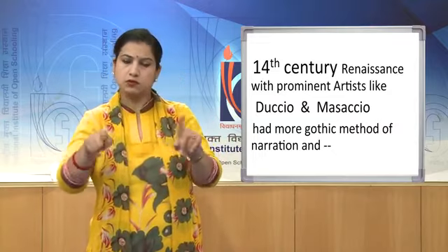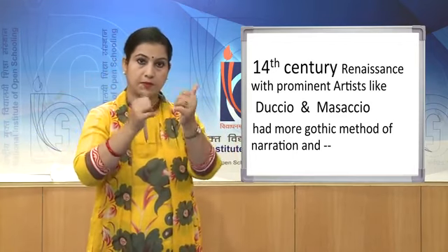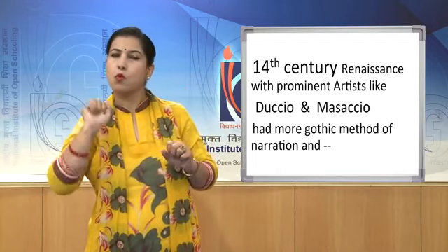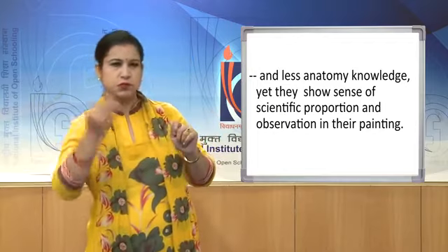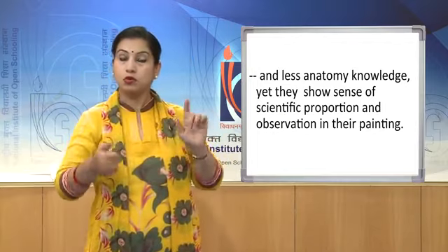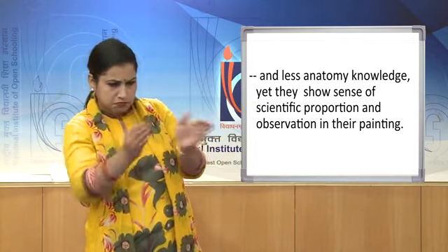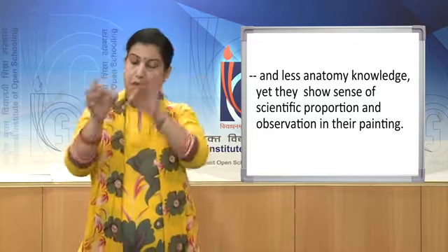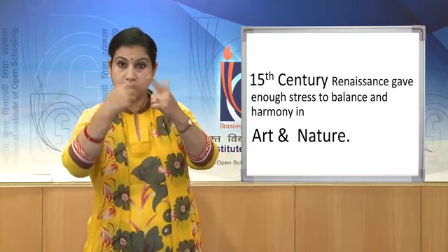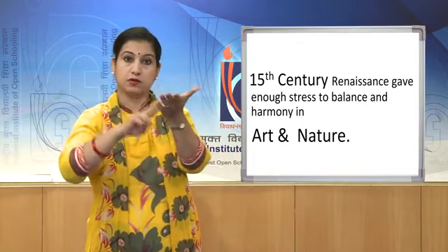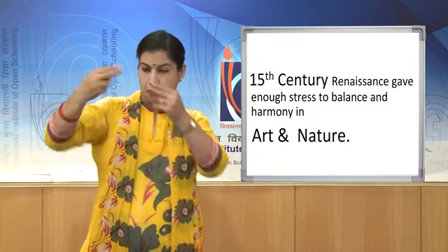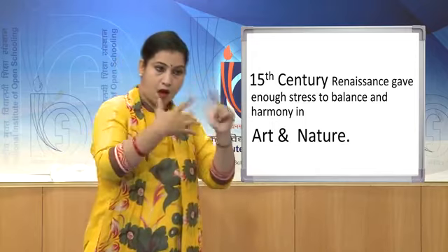Though 14th century Renaissance with prominent artists like Duccio and Masaccio had more Gothic method of narration and less anatomy knowledge, yet they show sense of scientific proportion and observation in their painting. 15th century Renaissance gave enough stress to balance and harmony in art and nature.